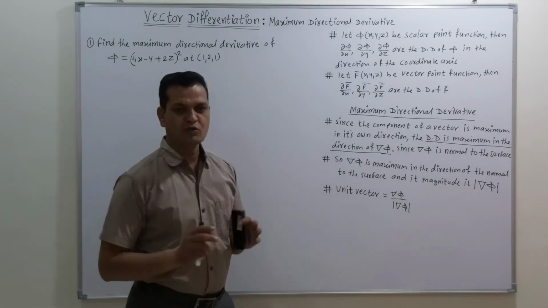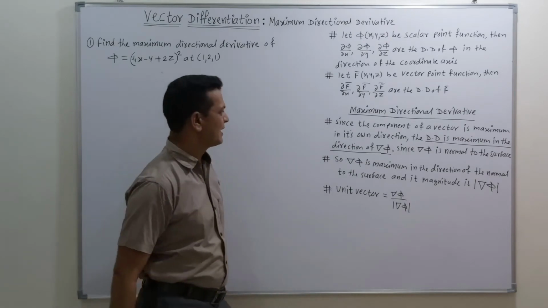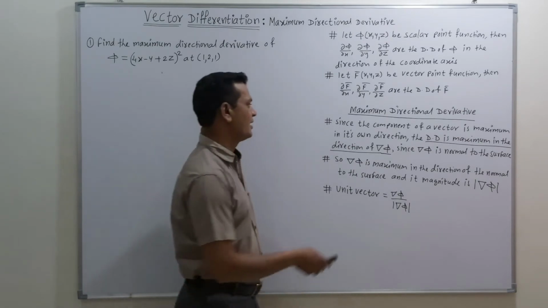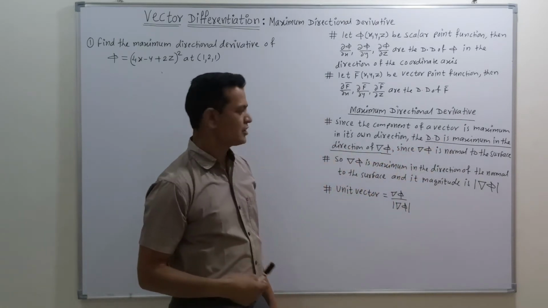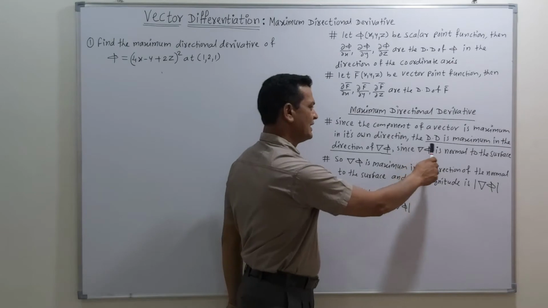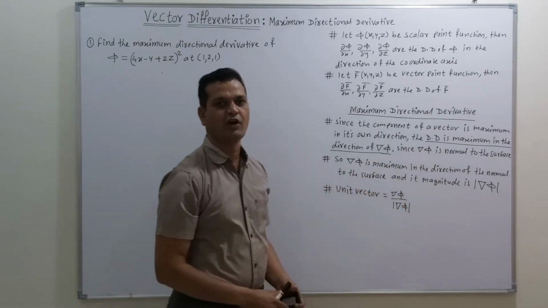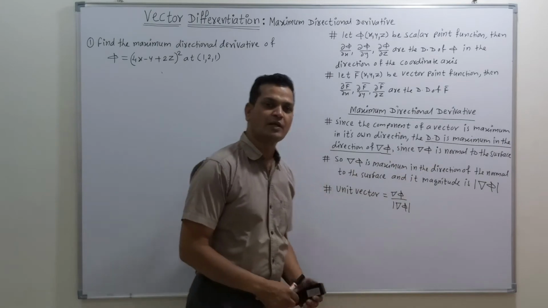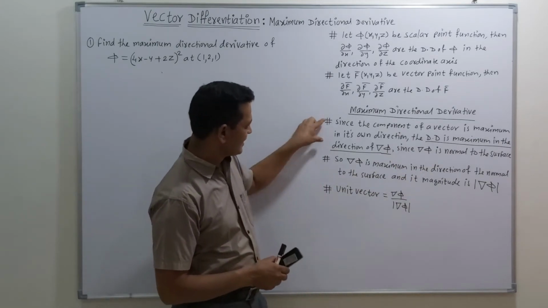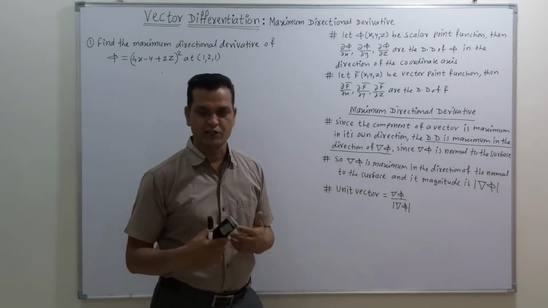Now our aim is to learn the concept of maximum directional derivative. Since the component of a vector is maximum in its own direction, the directional derivative is maximum in the direction of del phi, since del phi is the normal to the surface. This is the important concept for finding the directional derivative.